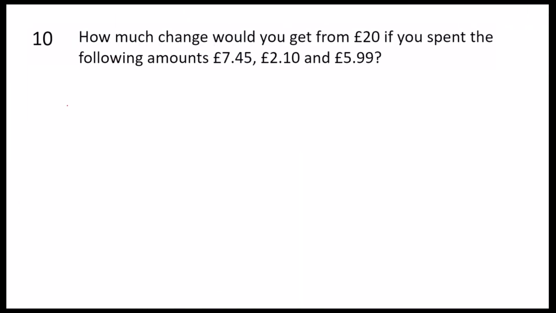Lastly, the 10th question is always going to be talking about how much change you'd get if you spend certain amounts of money. In our particular question, we're spending £7.45, £2.10 and £5.99.